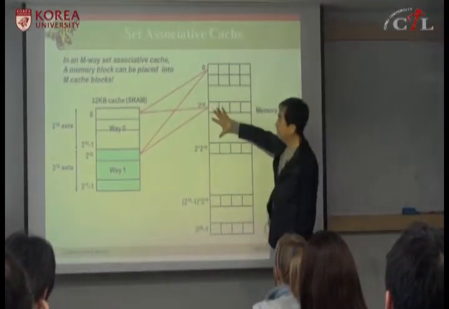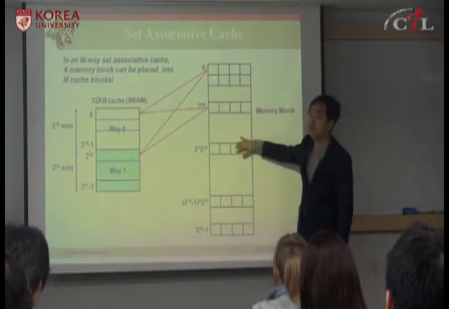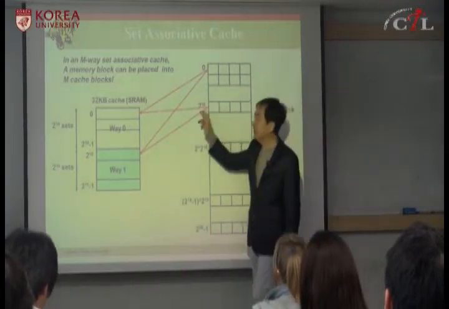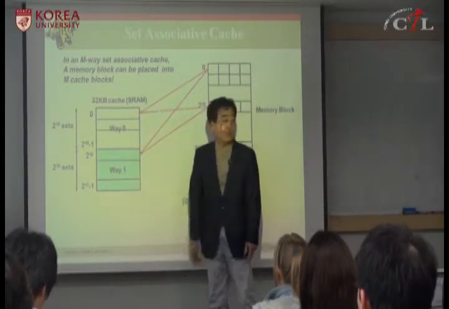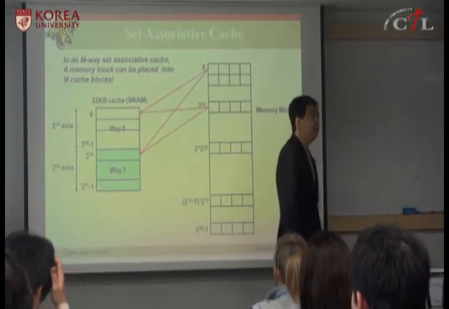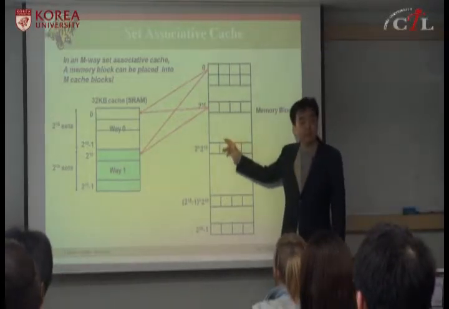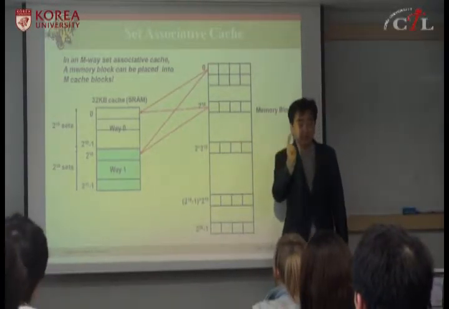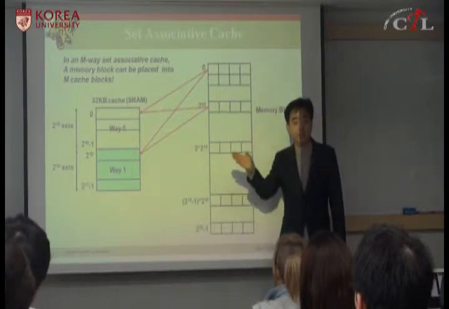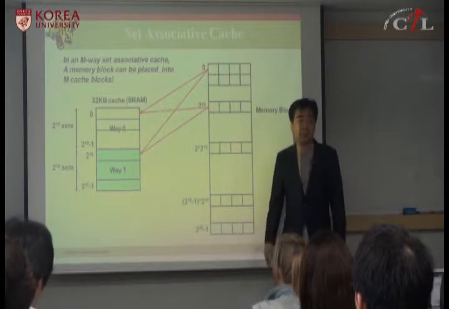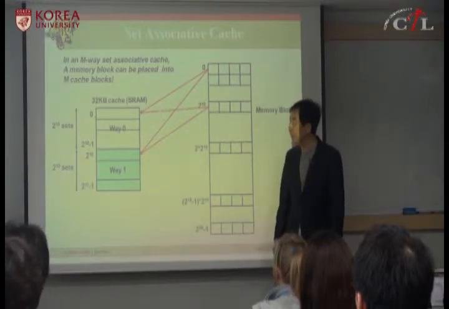Okay, if you look at the second 1024 blocks, the first block you have 2 locations, the second block you have 2 locations, and so on. Okay, so if you identify a particular memory block, memory address, you are given 2 options. One in way 0, another in way 1. Right? For each bank, you have 1 way.